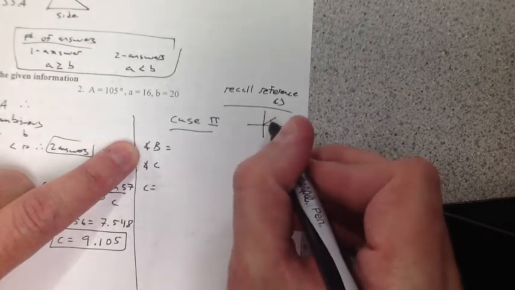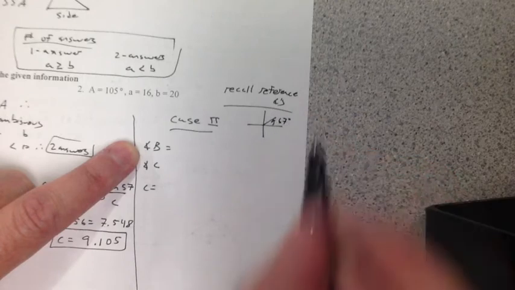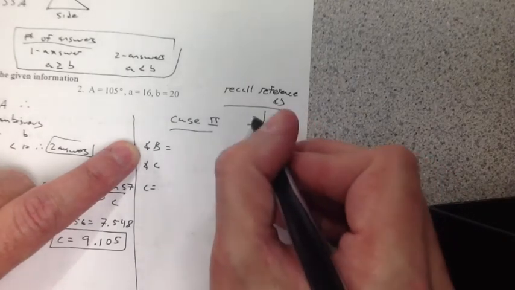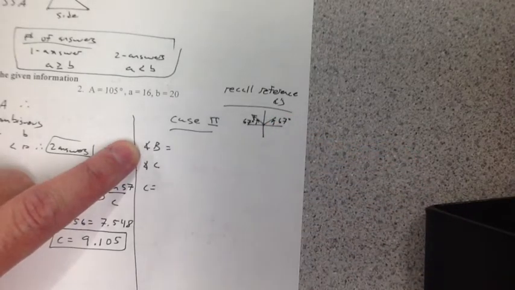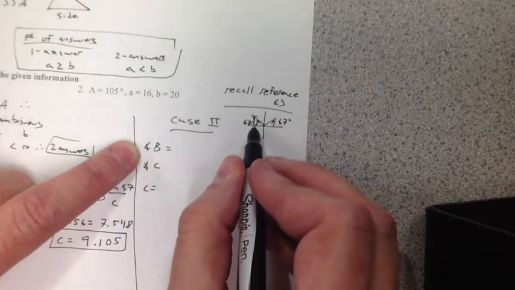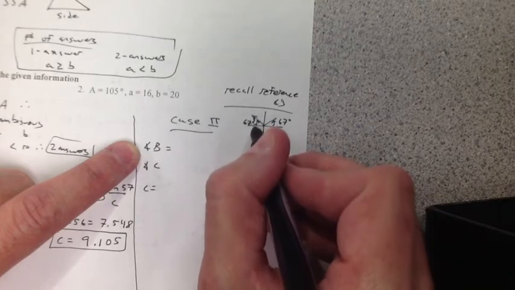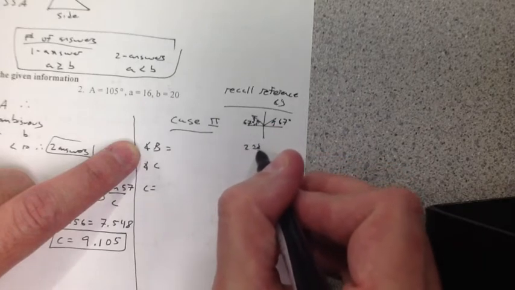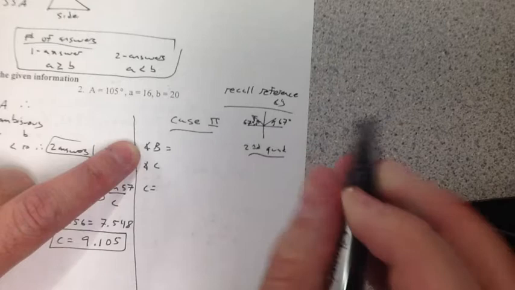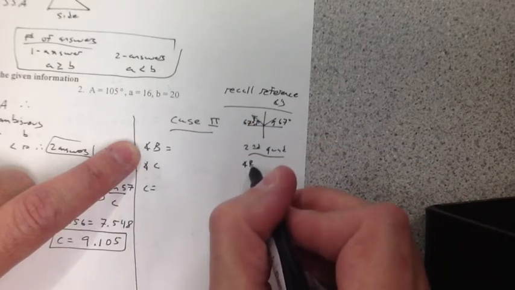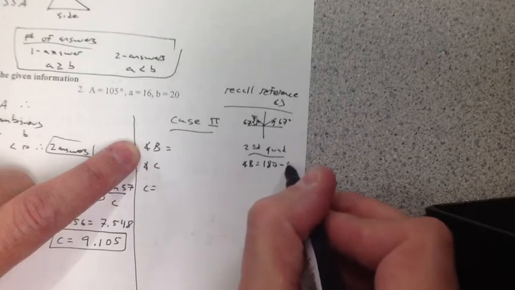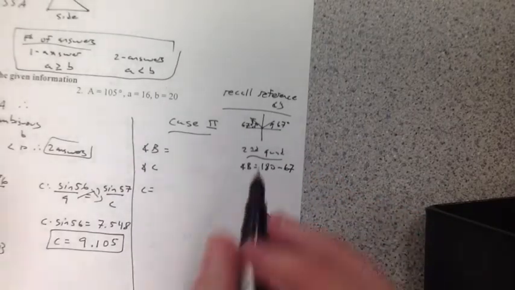We have a 67 degree in the first quadrant, which we just found, and we have the 67 degrees in the second quadrant. So to get angle B, we're going to get the second quadrant angle. And to get that, it's going to be 180 minus 67. And that's our other angle B.